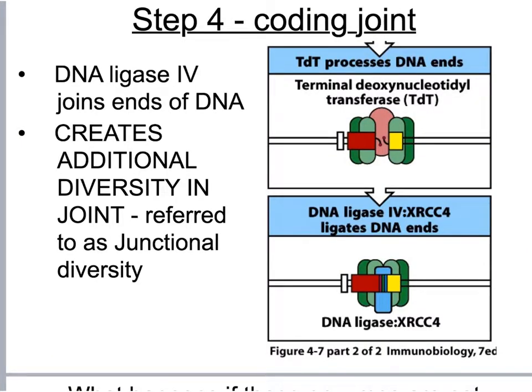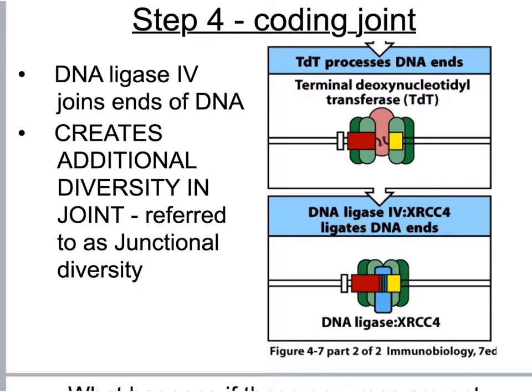So the idea here is that we're creating variability in how we join the D and the J region. Exactly the same thing would happen for the heavy chain. When we link the D with the J, there's exactly the same process, and when you link the V with the DJ, exactly the same process. Same enzymes, same process.